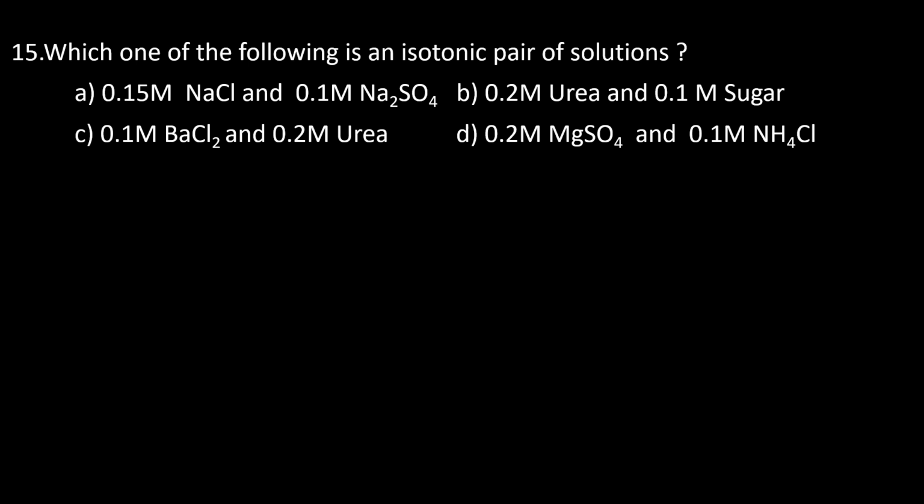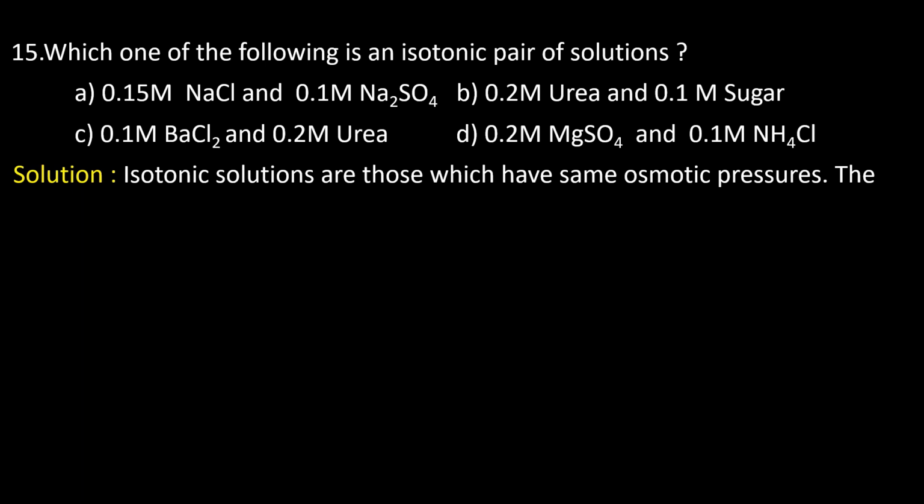Dear friends, isotonic pair of solutions are those which have same osmotic pressure, and these solutions will have same osmotic pressure if the number of particles are same. Now the number of particles can be obtained by multiplying the concentration and the number of ions or the particles produced by dissociation of these substances.